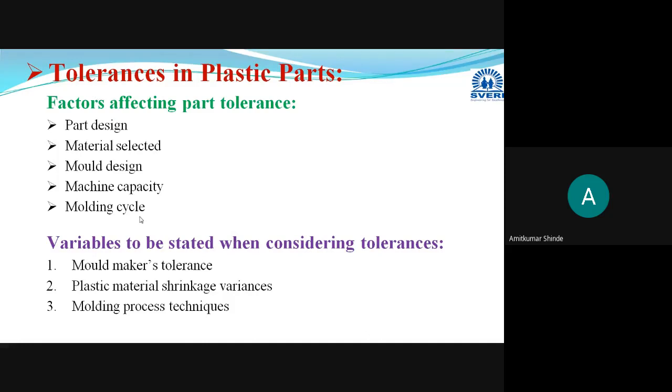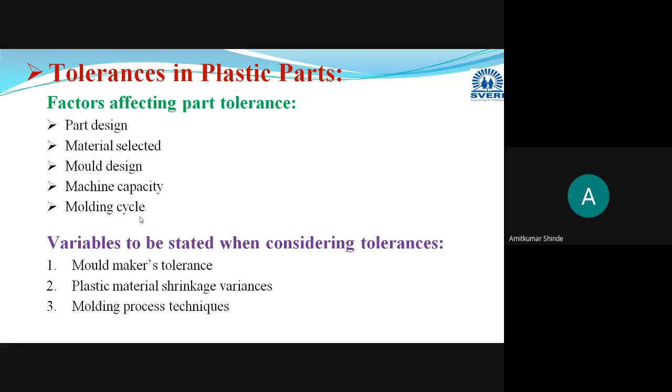And how that machine will give these parameters accurately and again and again, meaning repeatability should be there in the accuracy. Okay, that you have to consider, how that machine will provide you the accuracy again and again, and according to that, it will reflect in the tolerance value. Then the last parameter is the molding cycle.